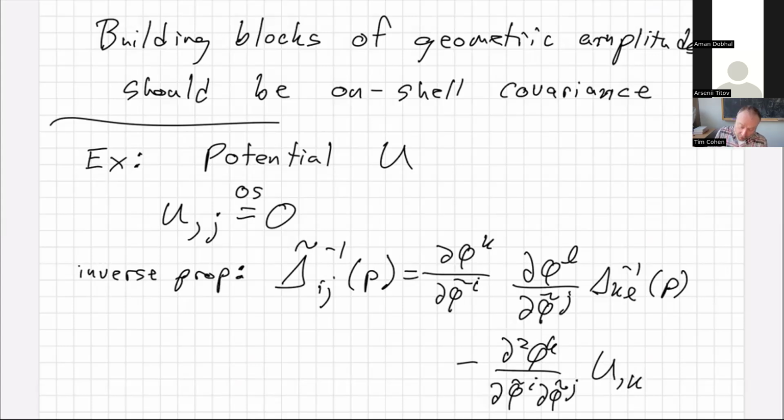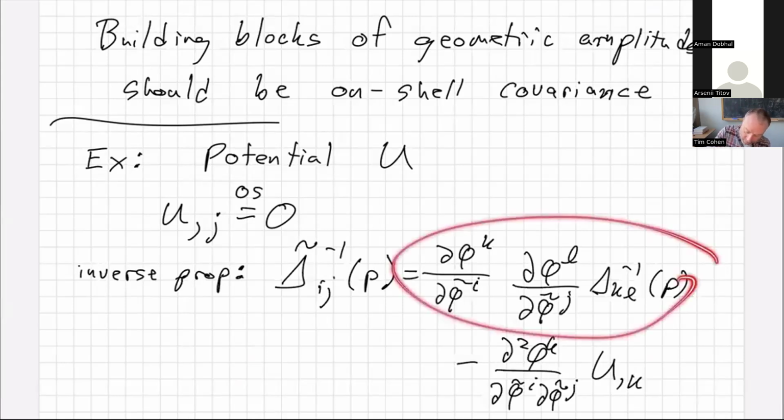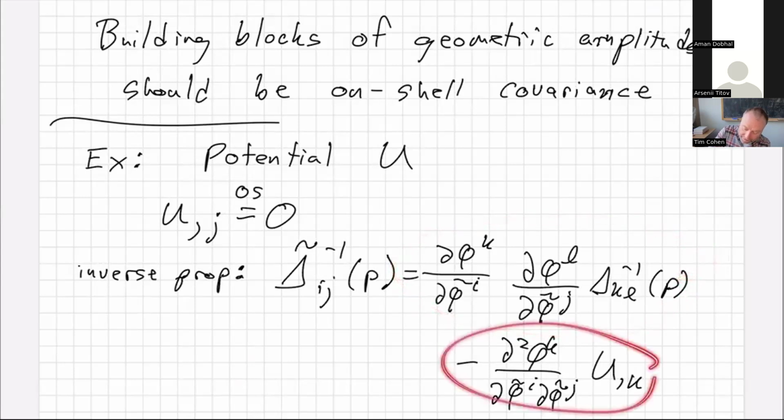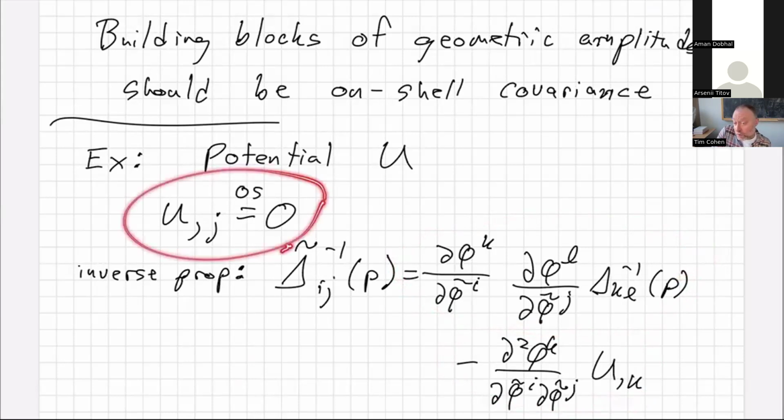When I do a field redefinition in the 2-point function, or the inverse propagator, I get a tensor-like transformation here, but I also generate this thing. But notice this is proportional to the derivative of the potential. Because the derivative of the potential is 0 on shell, this term is on-shell equivalent to 0.